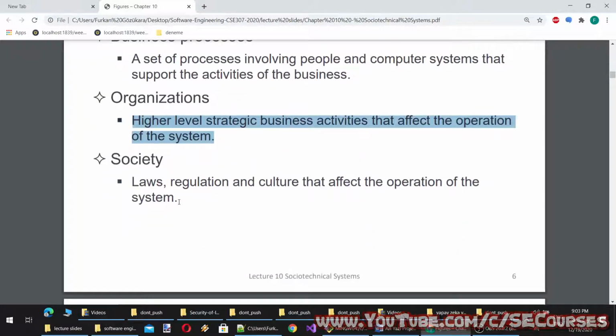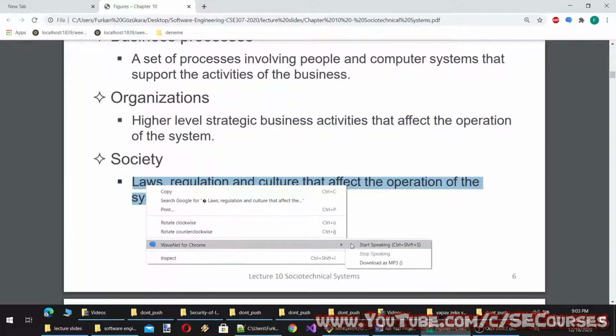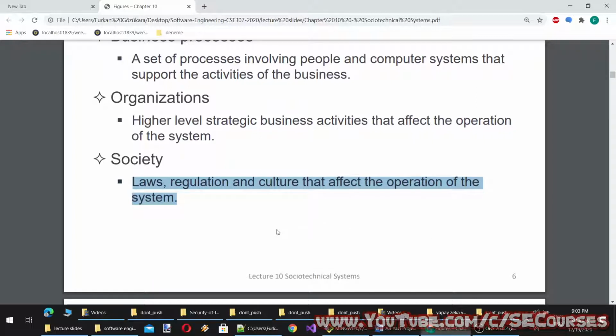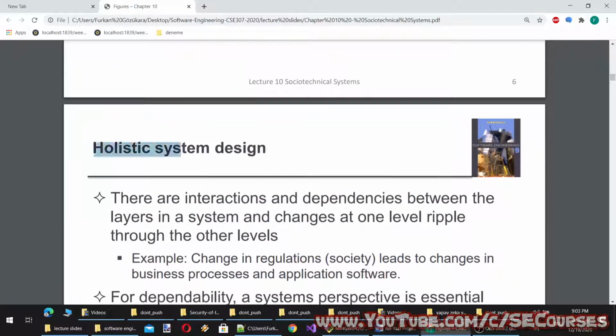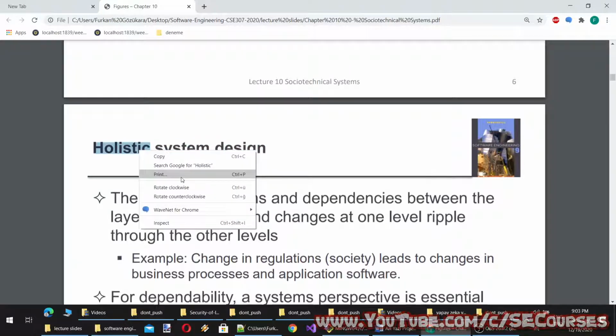And society: laws, regulation and culture that affect the operation of the system. Society, you see, is also a really important part of system development. You have to consider laws and regulation, and also the culture that affects the operation of the system. And holistic system design.